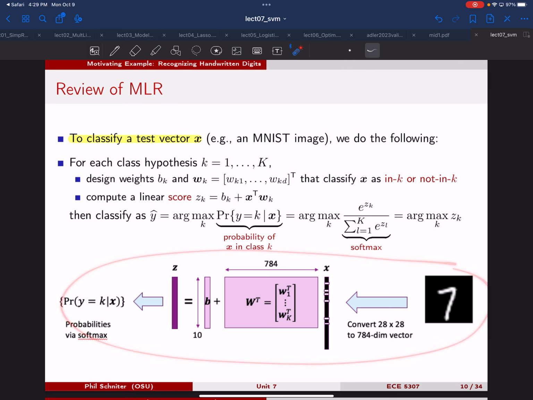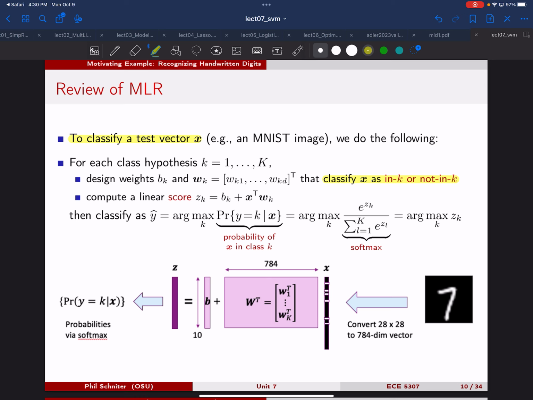Pictorially, it's like this. We start with this image. We make sure that this is converted to a 784-dimensional vector, so now we can kind of visualize it like that. And we're going to multiply this vector of features times a matrix that is going to have 10 rows. Each row in this matrix contains the weight coefficients for a classifier that is basically classifying X as either in class K or not in class K. We have 10 classes total, right?